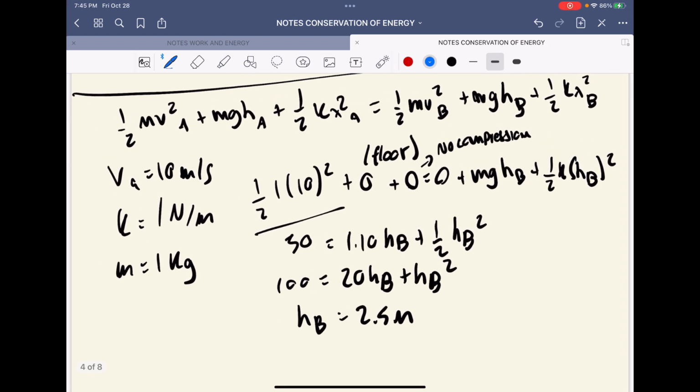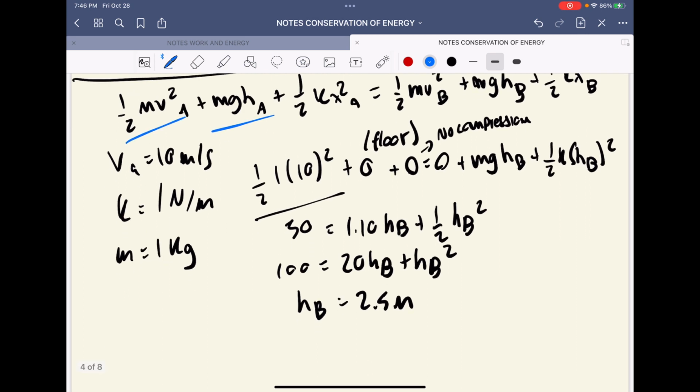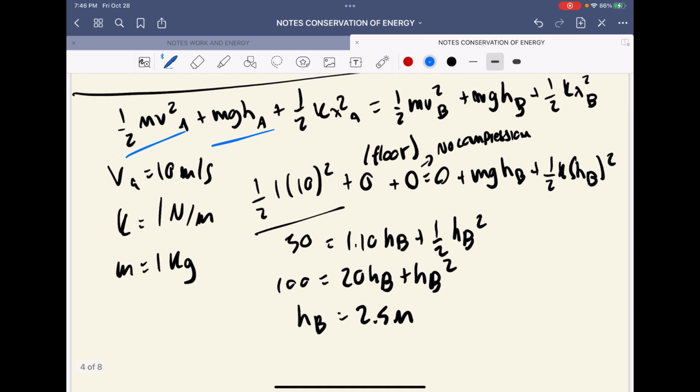So the principle of conservation of energy states basically this equation. It's half m v to the second power, that's kinetic, plus mgh_A plus half k x to the second power at A, and that's going to be equal to everything else here but at point B. So I'm assuming that V is equal to 10 meters per second, k is 1 N/m, and m is just 1 kilogram.